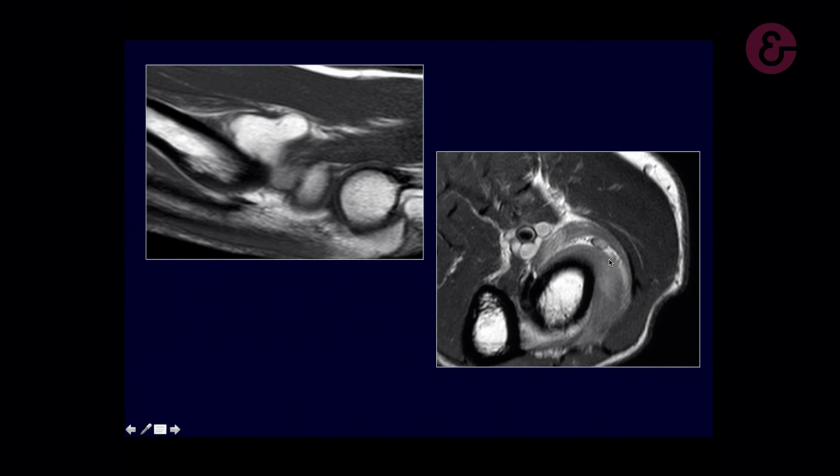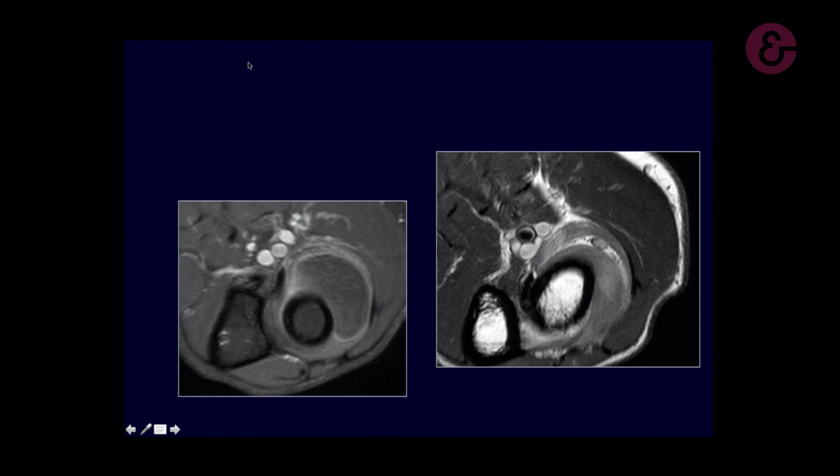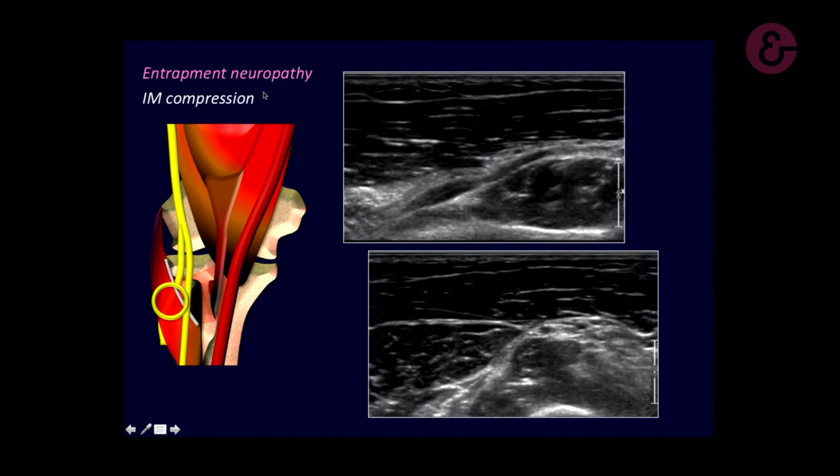And this is the axial, a little bit distal, showing a huge posterior interosseous nerve and showing some edema inside the muscle. This is post-contrast, enhancement, a lipoma, the same sign, and it was operated, and everything is fine now.